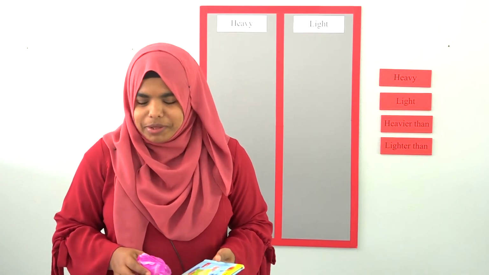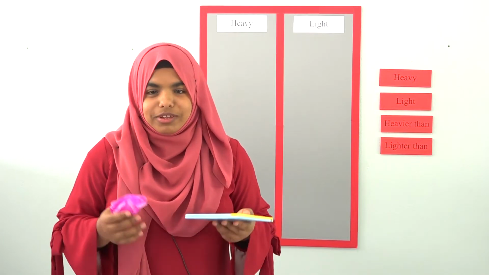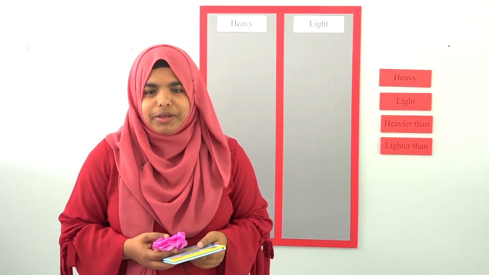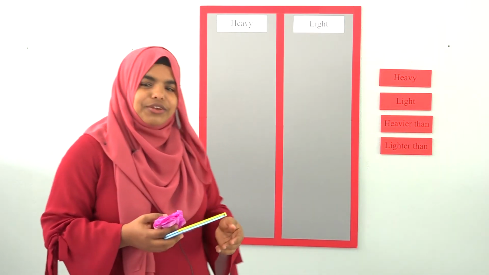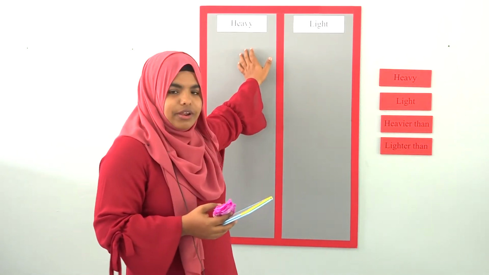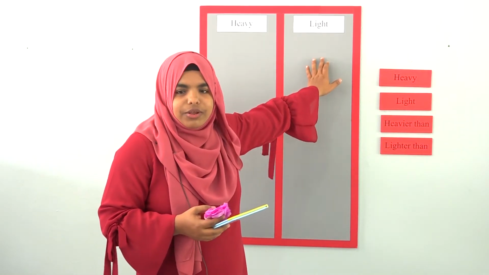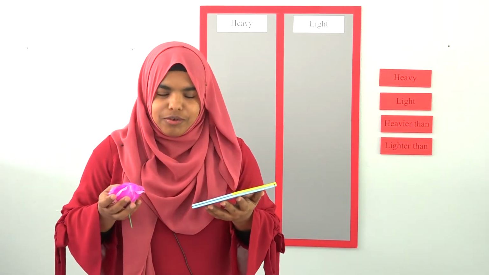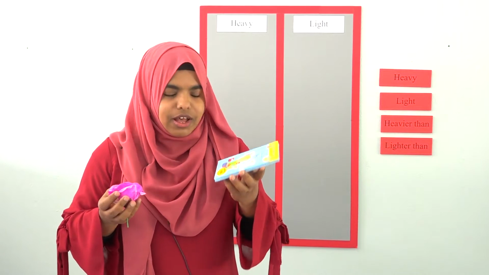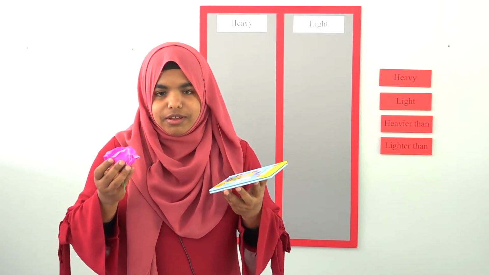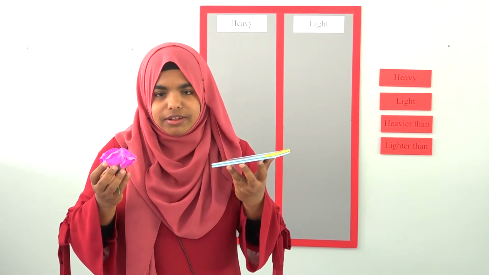Students, we will be measuring these objects using our hands. For this activity, you can get a paper and a pencil and draw two columns like this. In one column, you can write heavy and in the other one you can write light. The first pair of objects I have is a book and a flower. What do you think? Which one is lighter?